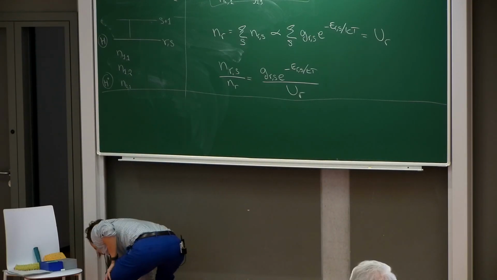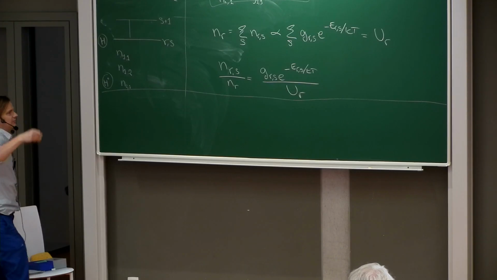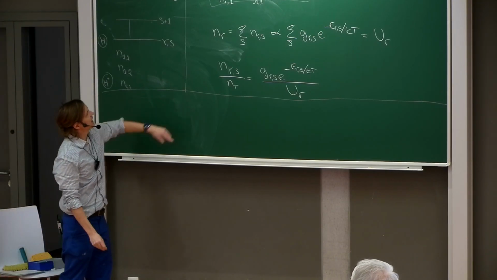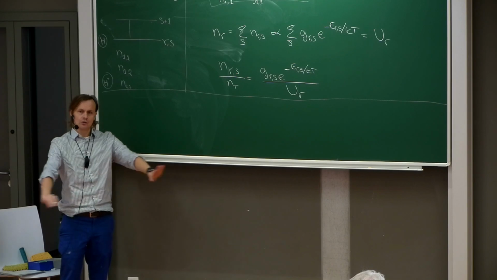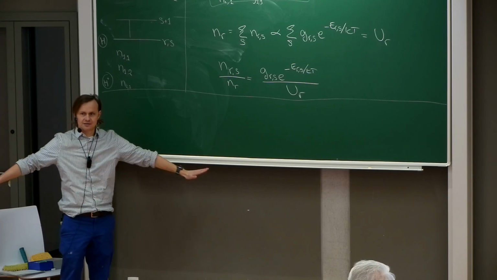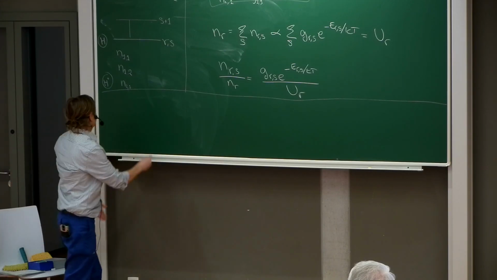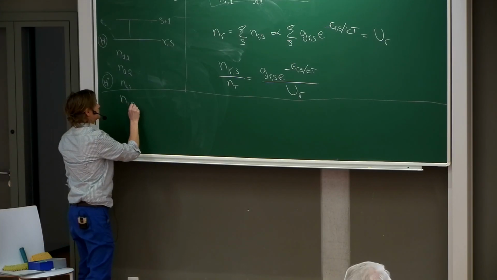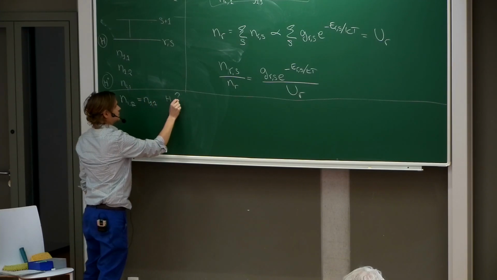But let's take an example. Let's do an example so we just get used to this a little bit, okay? Let's try to evaluate, if this were all that it is, at what temperature would N12 equal N11 of hydrogen?